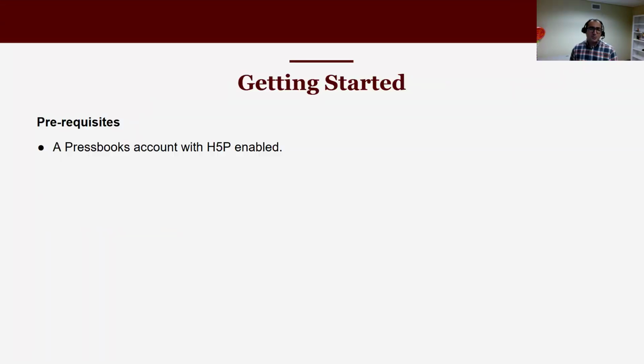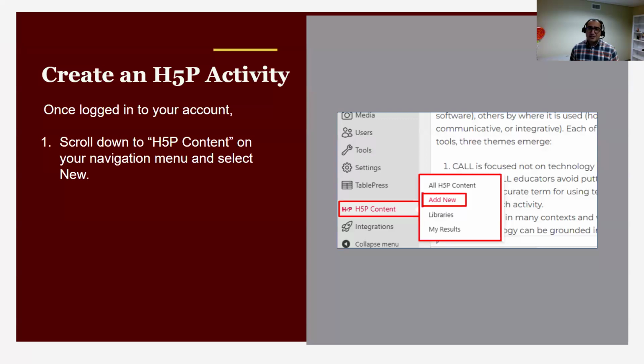But to go over the process really quickly, all we need to do to create H5P activities in Pressbooks is a Pressbooks account with H5P enabled, which we have at Texas A&M Open Digital Publishing Platform. So we're covered. And then you have 6 steps to do this.